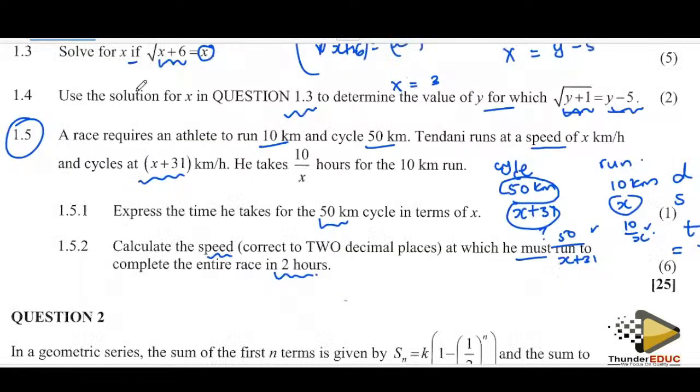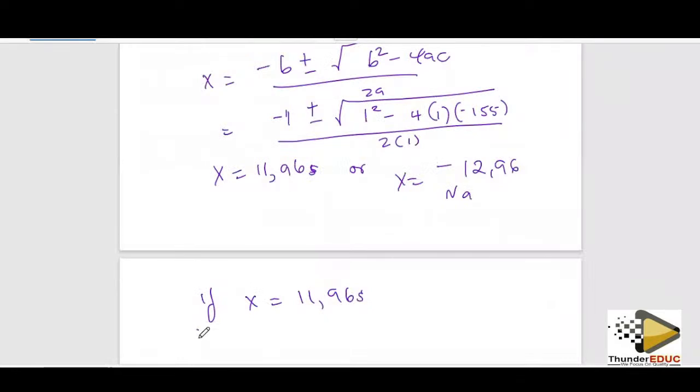What was the question asking for? Calculate the speed at which he must run. And that is the run. I think the speed for running is x. So I think we've answered the question correctly. So we can say that therefore, this guy must run at 11.96 kilometers per hour.